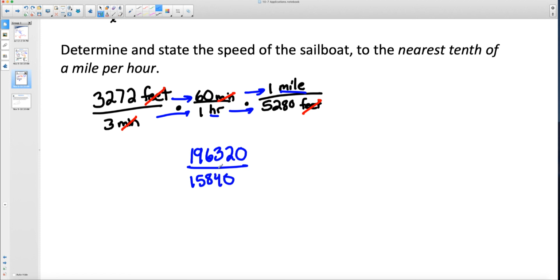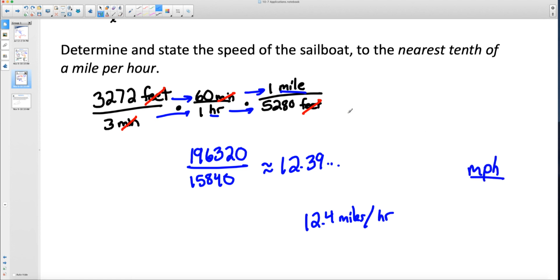We're looking for speed here, miles over hours, so we're going to have to divide those two numbers. When we divide those two numbers, we get approximately 12.39 and so on. To the nearest tenth would be 12.4 miles per hour, or you could write mph, that's fine.